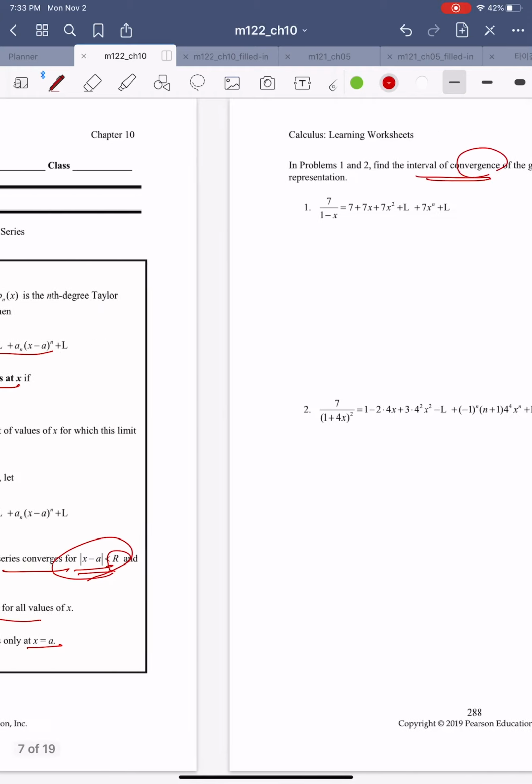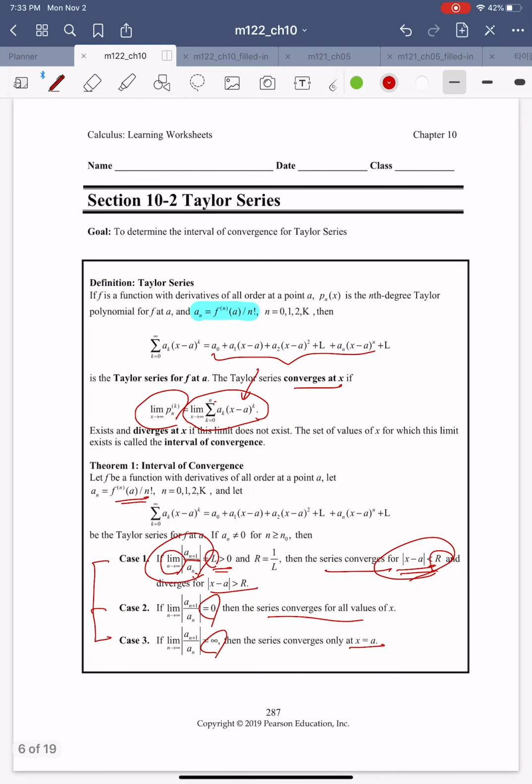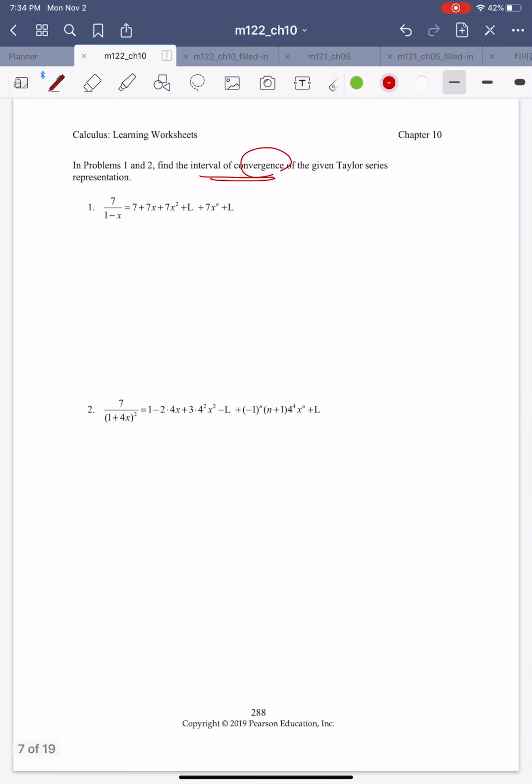Let's check. Number 1, we have the function 7 divided by 1 minus x, and luckily they already wrote the Taylor series for you in this format. This will be your a sub 0, a sub 1, a sub 2, all the way up to a sub n.